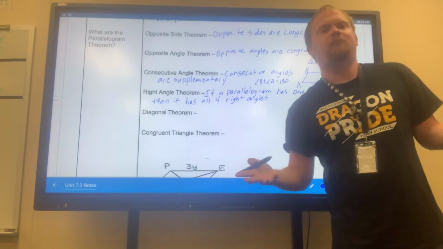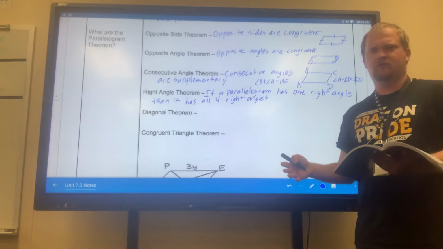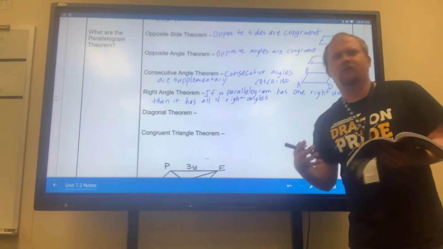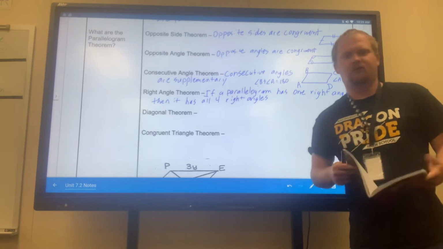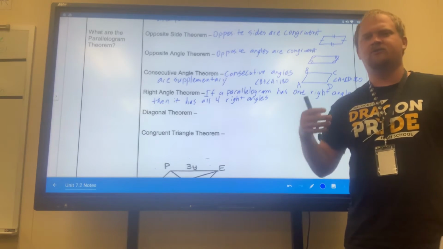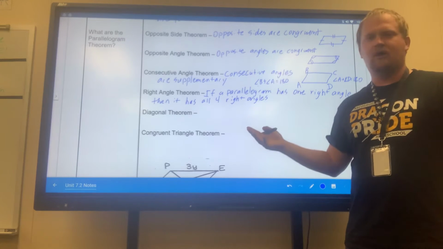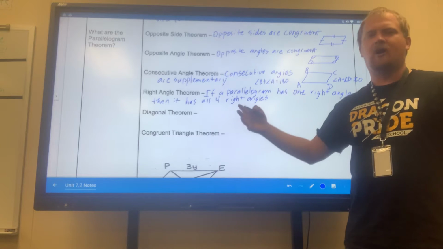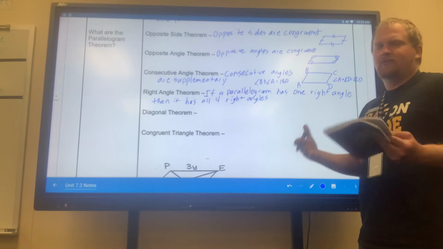So a good perfect example of this would be a square or a rectangle. Those are actually parallelograms as well. Because if you really think about it, a rectangle is going to have opposite sides that are congruent. That fits the parallelogram. A square is going to have all four equal sides, so we know opposite sides are congruent. And there's a lot of different things.